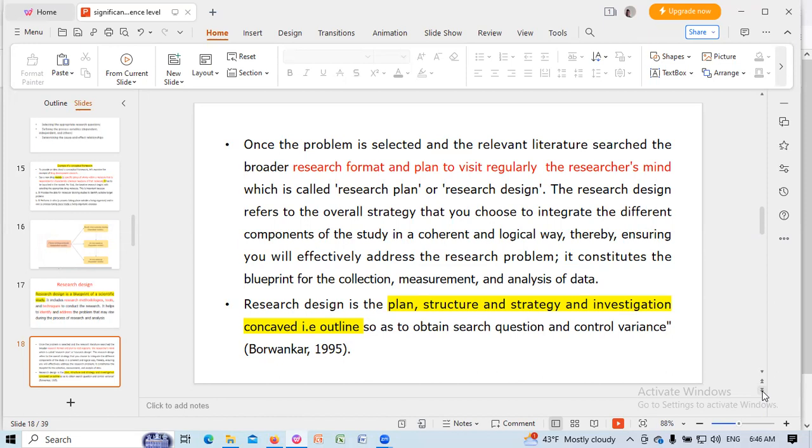It constitutes the blueprint for the collection, measurement, and analysis of data. Research design is the plan, structure, and strategy of investigation conceived so as to obtain answers to research questions and control variance.